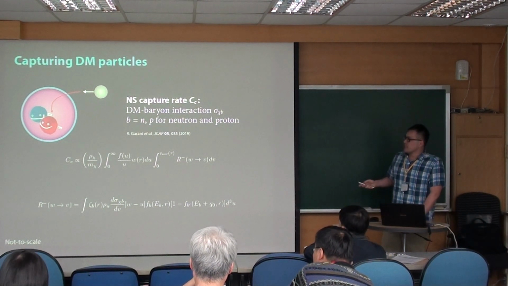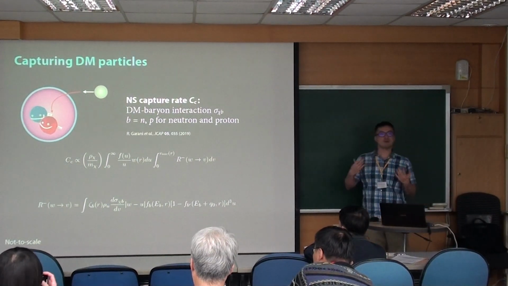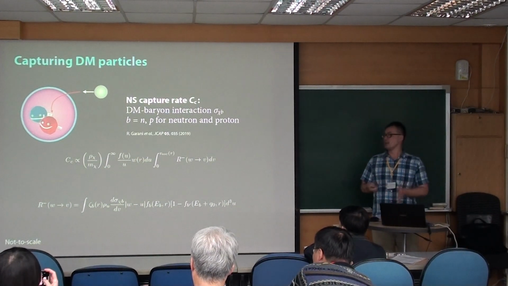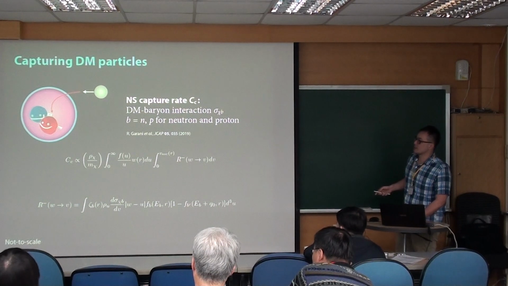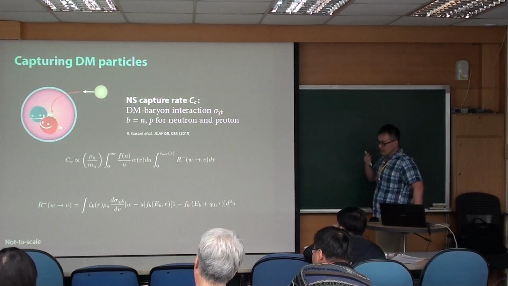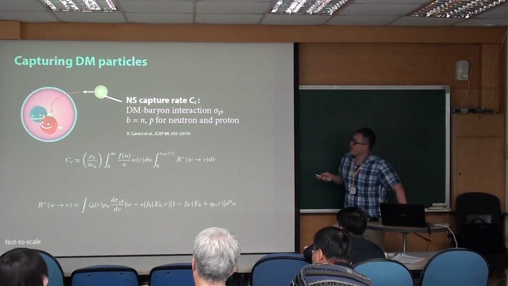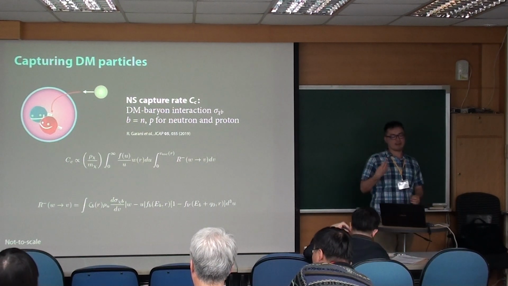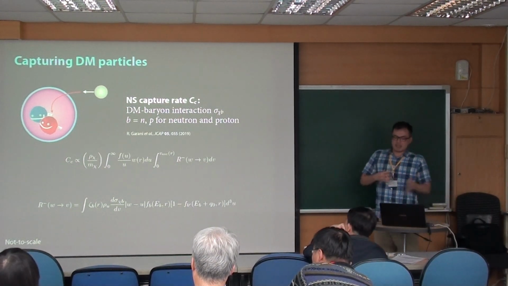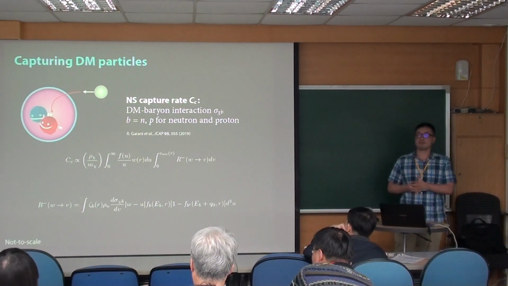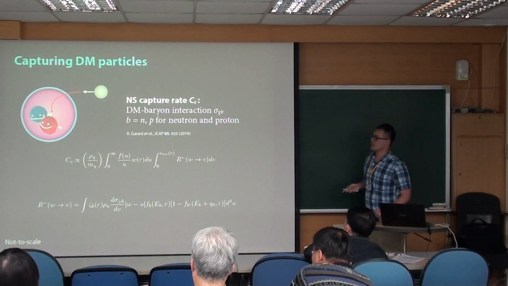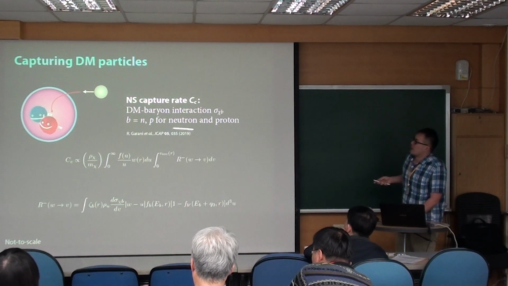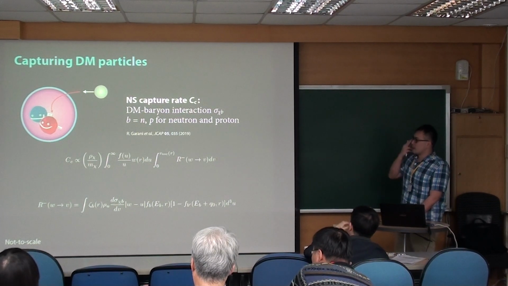In principle, these halo dark matter particles can fall into the star due to its strong gravity, and then they could scatter with the baryons inside the neutron star, such as the neutrons and protons. After the scattering, if the dark matter particles lose significant kinetic energy and their velocity becomes smaller than the escape velocity, then the dark matter particles will be permanently bound inside the star. This is called the neutron star capture of dark matter particles.